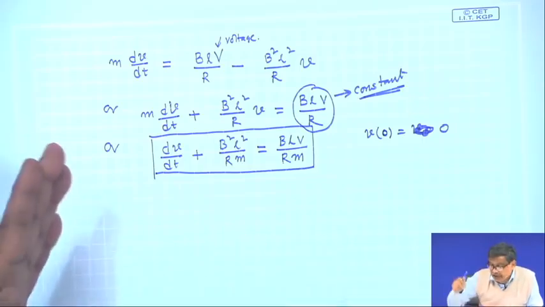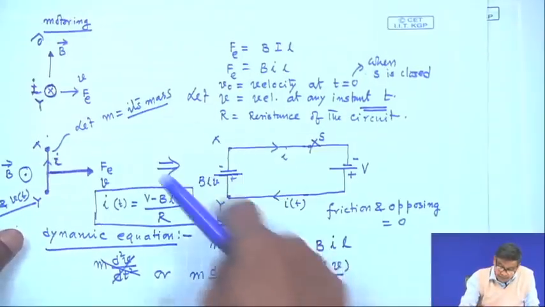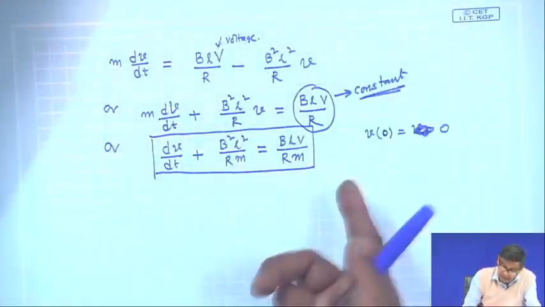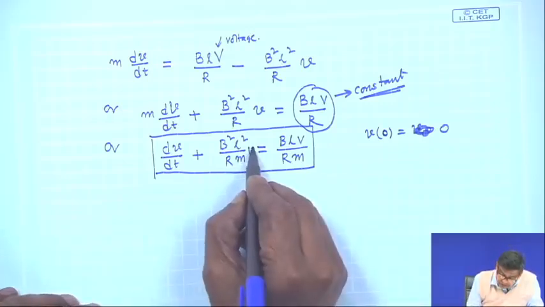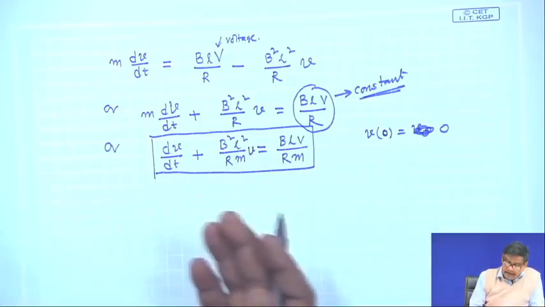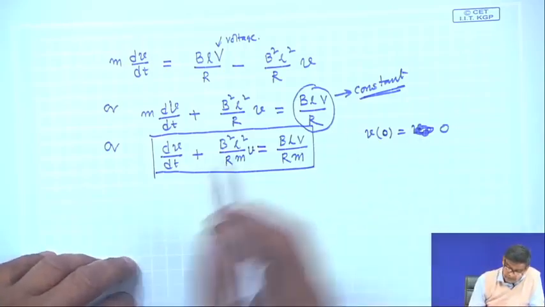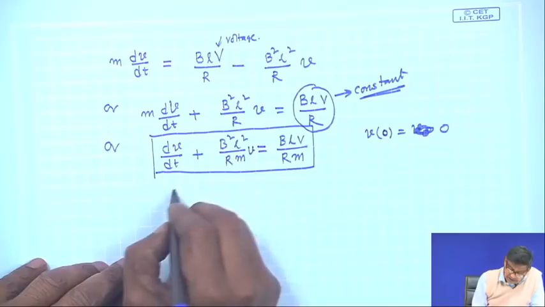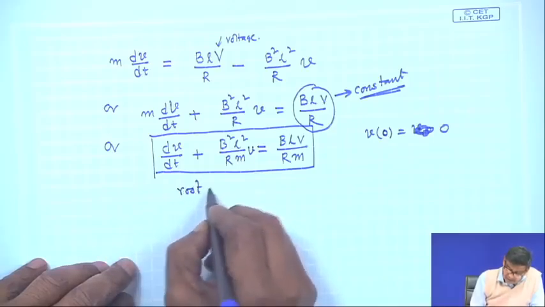Initially it was stationary, I have closed the switch. So, current has started moving. So, this is how velocity will change. Anyway, this is a first order differential equation and the solution of this is well known, we will not do it like that.